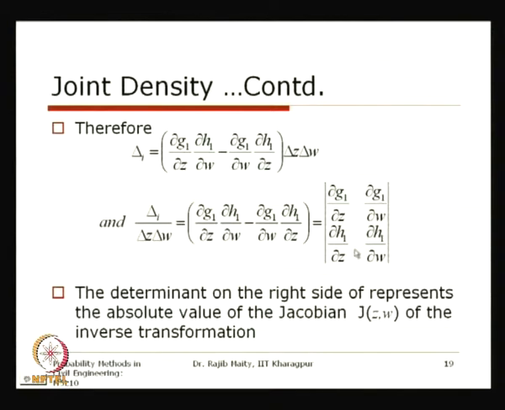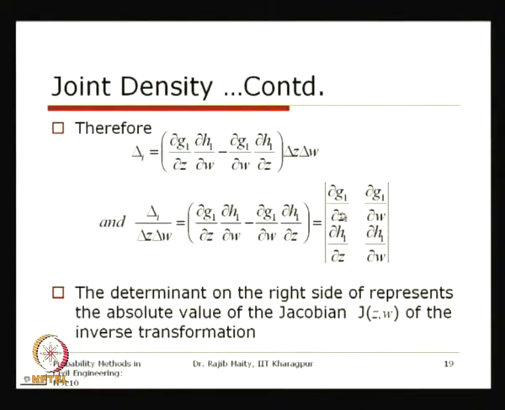Now this determinant is the Jacobian, represented with respect to z, w. If you recall, when we were interested in a single function, we got a similar Jacobian consisting of only one element, which can be seen here as 1 by 1: dou G1 by dou z, the inverse function, and this determinant we used in the case of a single random variable.